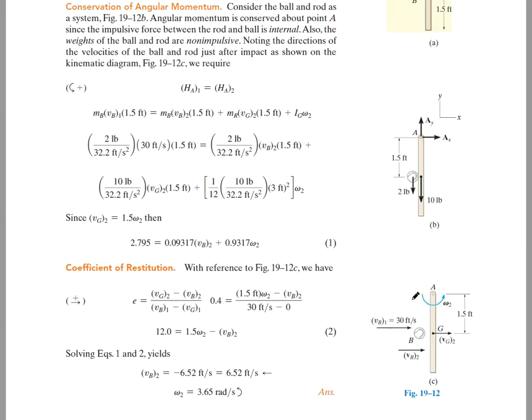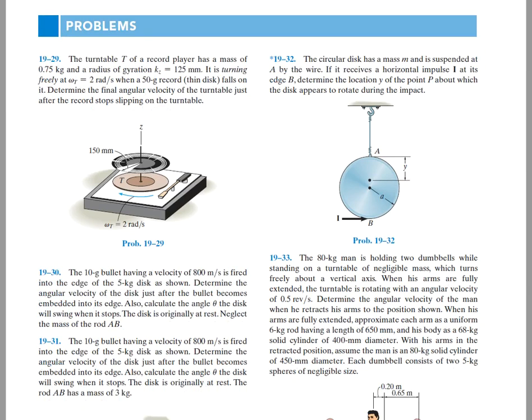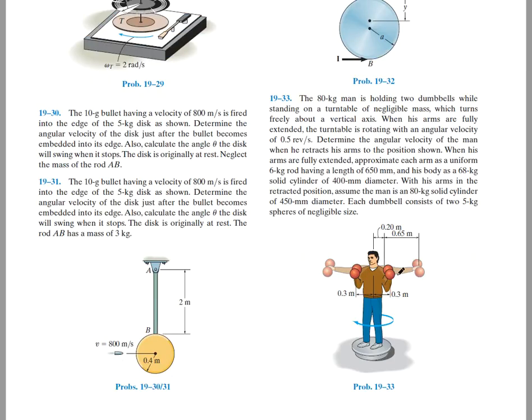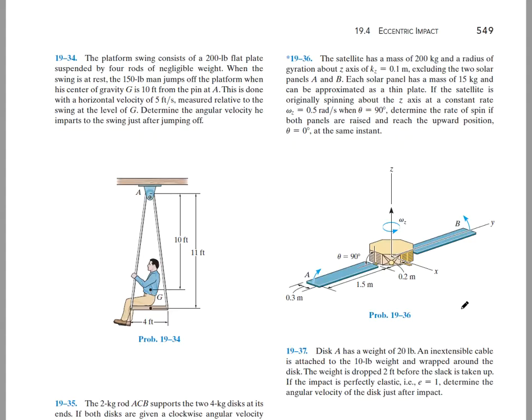There are some problems, not very many, where the mass moment of inertia of the system is changing. For example, here you have an athlete spreading his arms together with some dumbbells, or a satellite deploying or retracting solar panels.